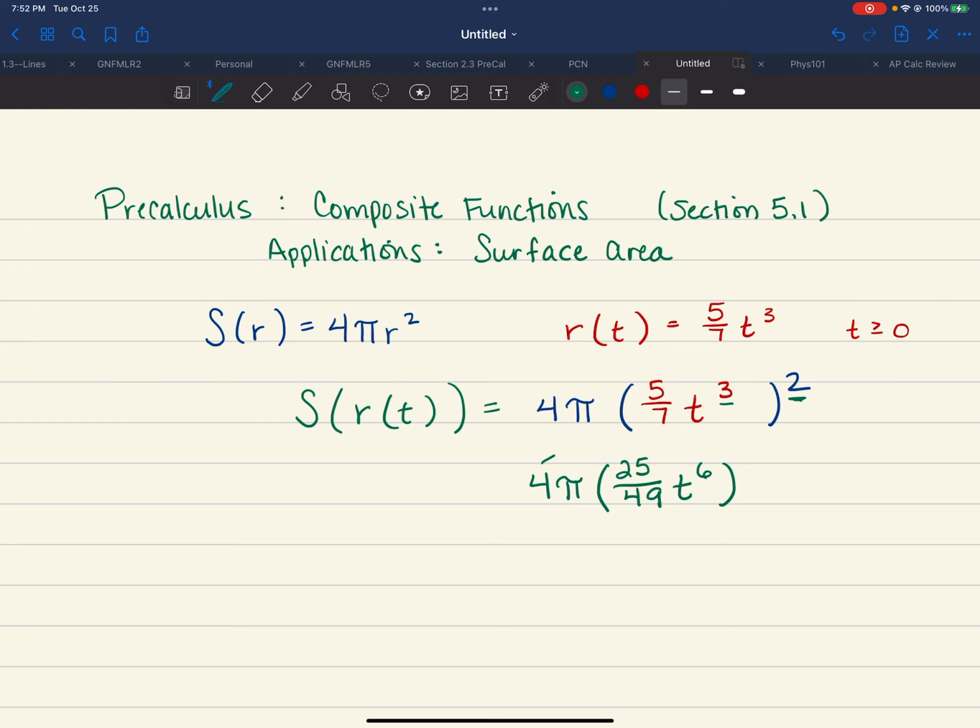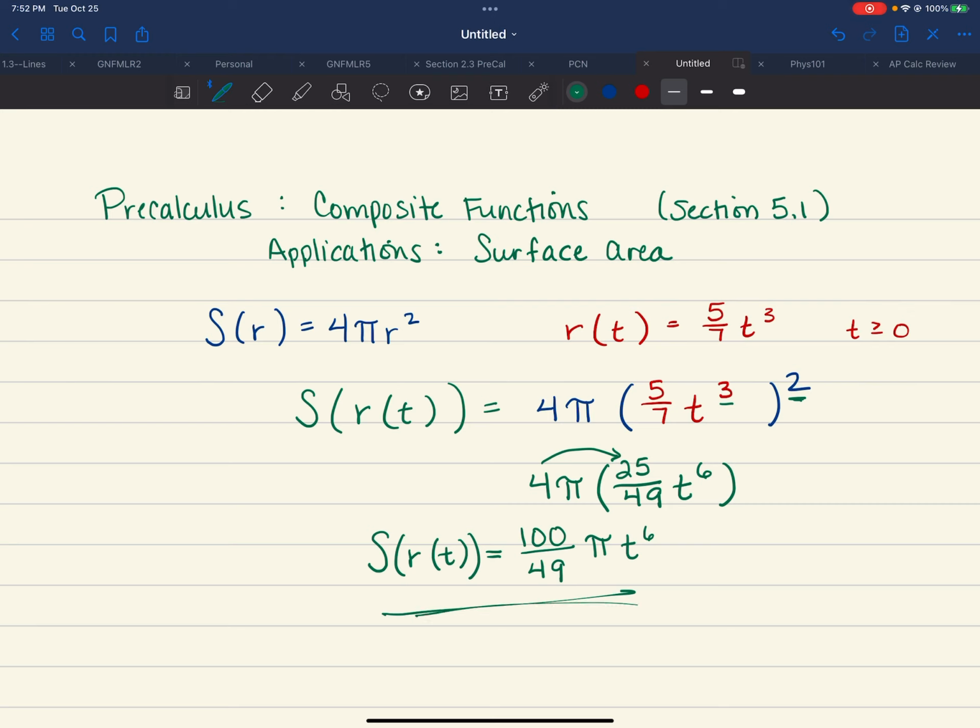Then I can take that 4 and multiply it by 25, and I end up with 100. Let's keep my denominator here, so I have 49, and then the whole thing is times pi, and then t to the 6th. So that would be how your surface area changes with respect to your radius given a change in time.